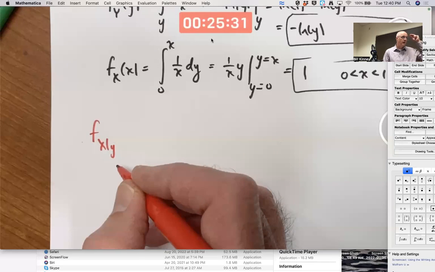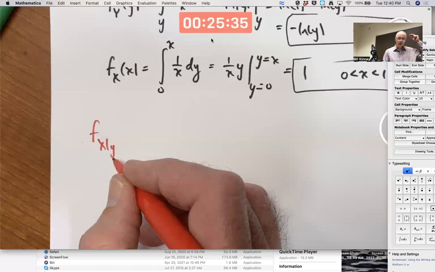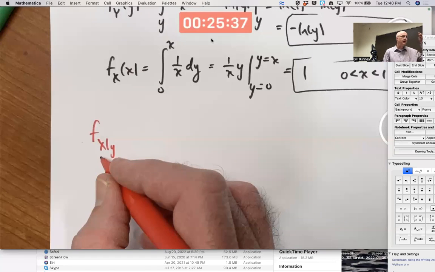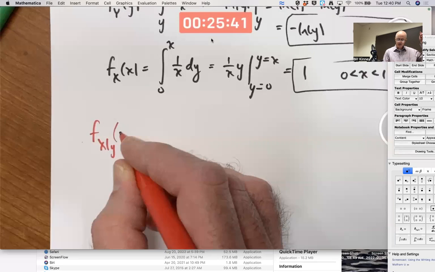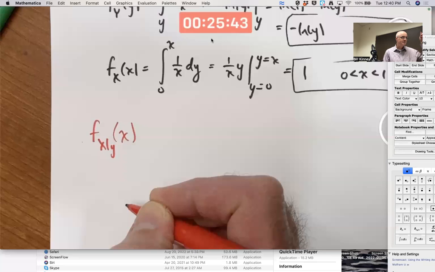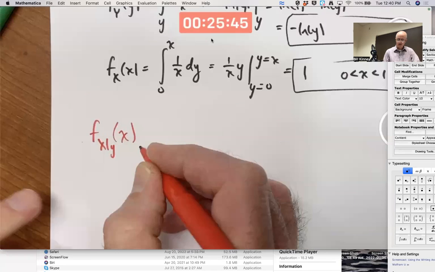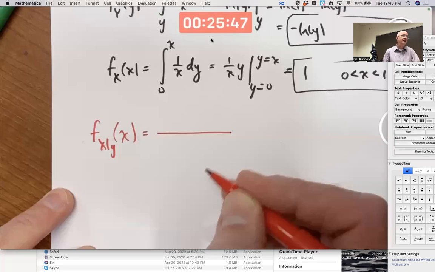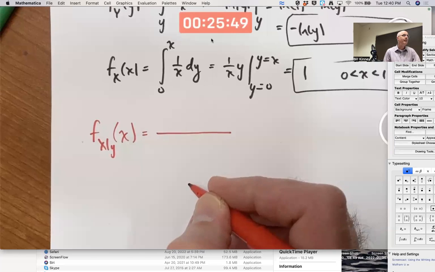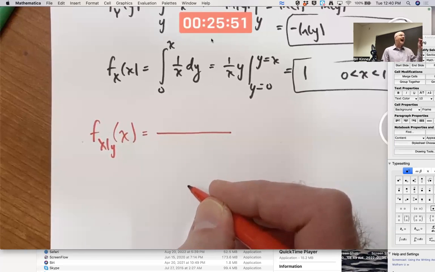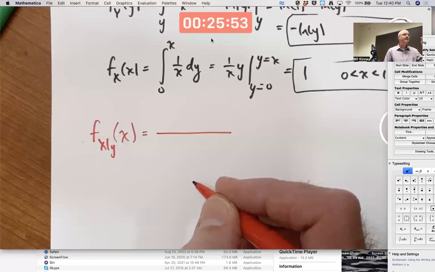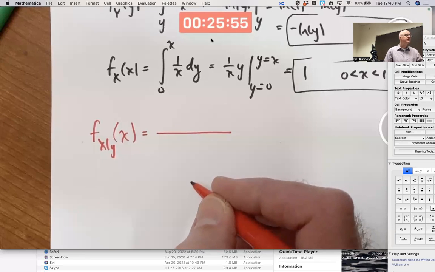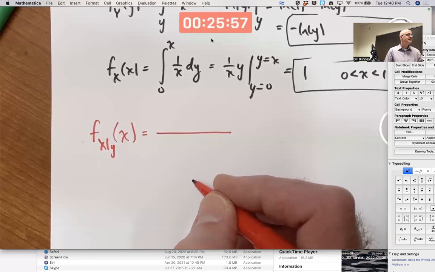You're pretending you know what little y is, and you're wondering about the resulting behavior of the variable X. Meaning this is really ultimately a function of X. Recall it was motivated by the definition of conditional probability, which was an exact calculation of a certain probability in the discrete case.